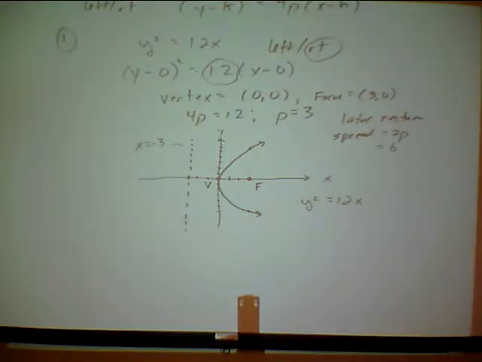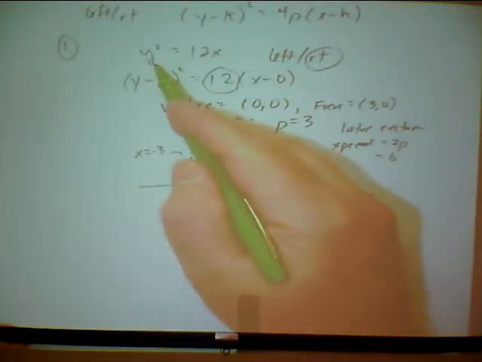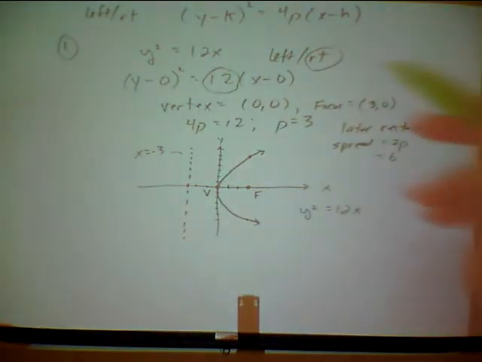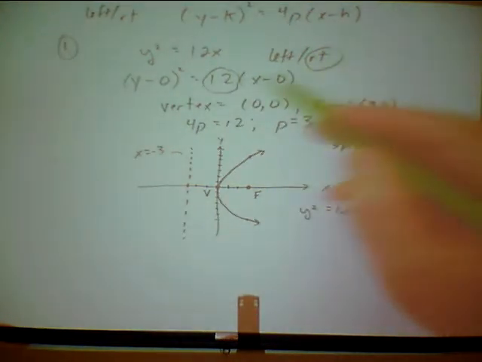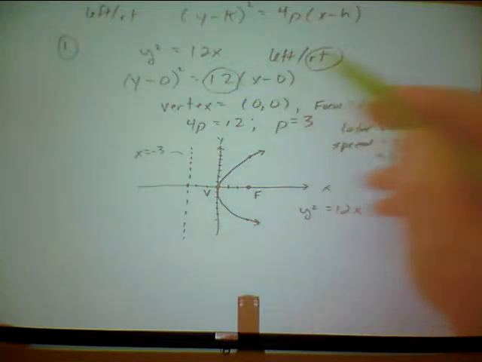So let's review quickly what we did, because we're going to do this a couple more times. You're given an equation, decide whether it's a left or right or up and down parabola. You get the parabola in standard form, and at that point, by looking at the coefficient, you can determine whether it's left or right.